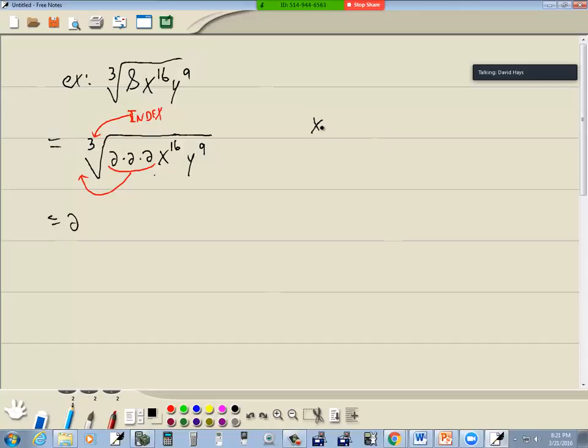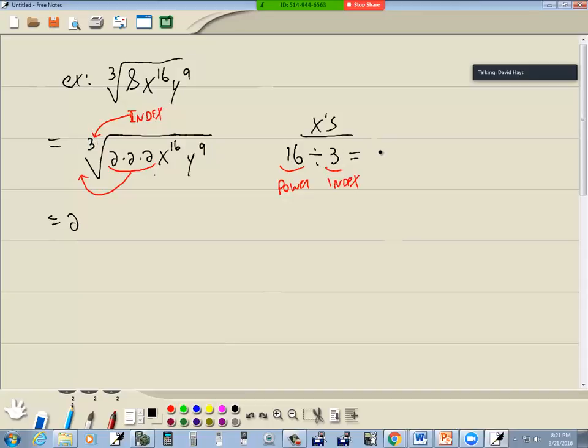Now let's look at our x's. We take our power, divide by our index. Again, the power is whatever power it has right here, and the index is whatever number is in this slot.